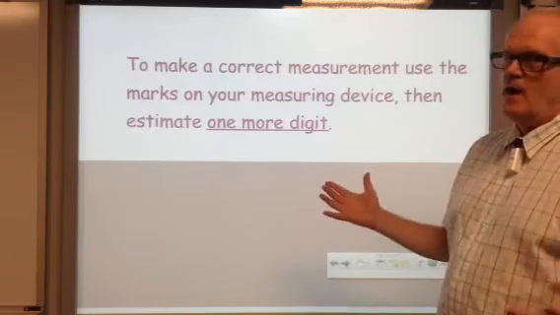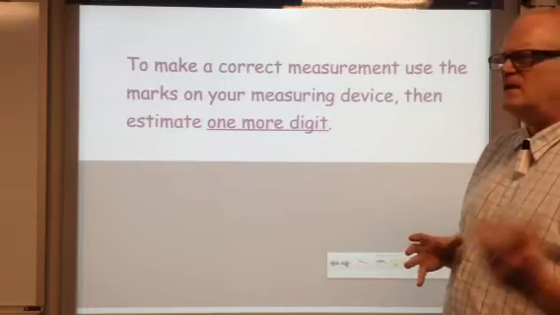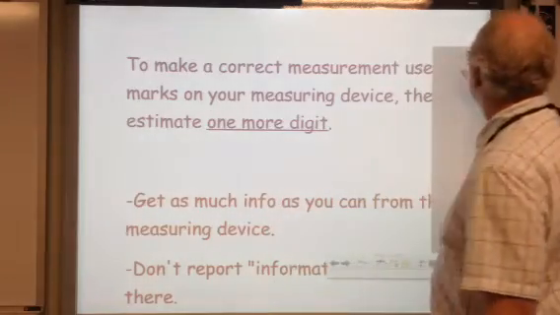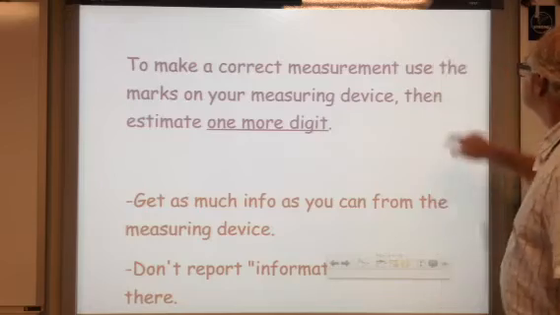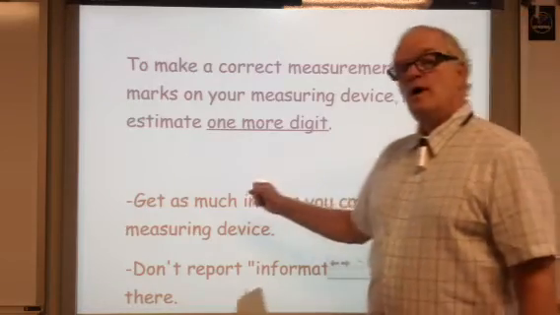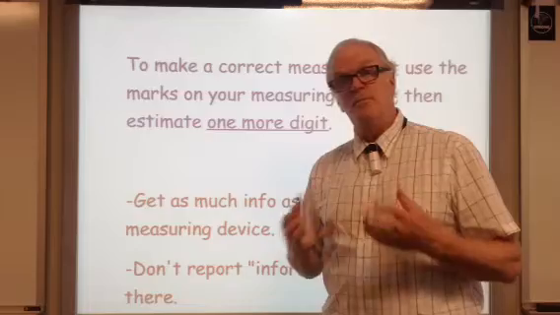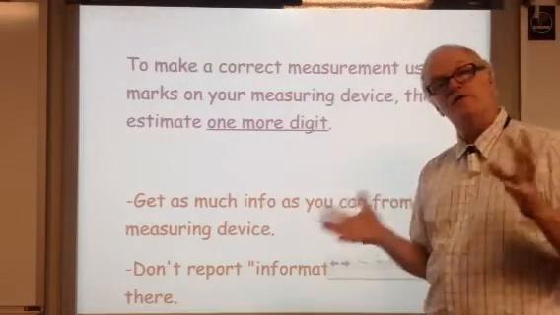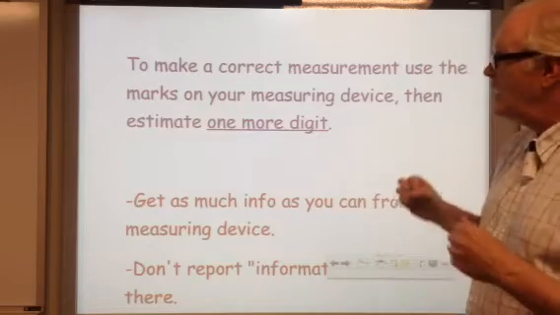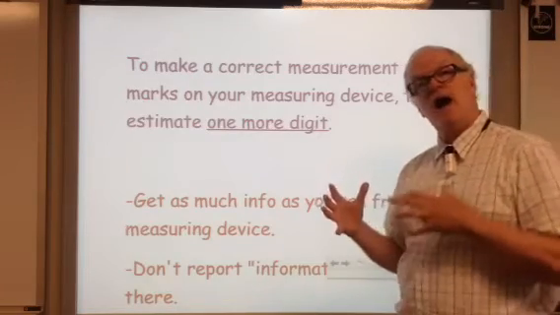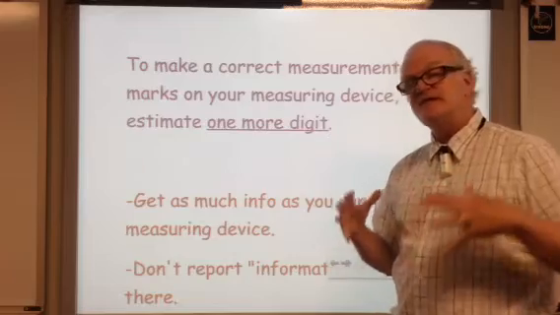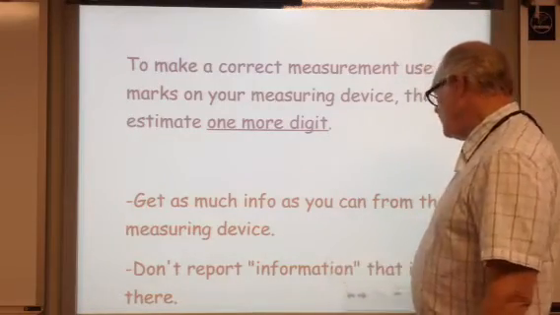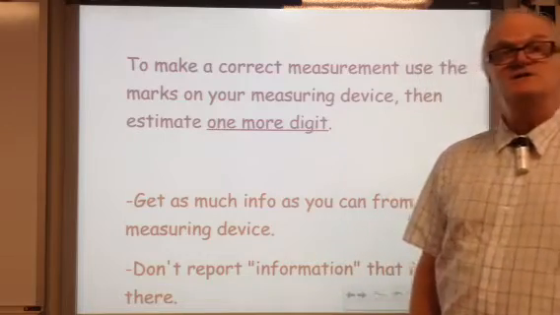Okay? Using the marks, that part's easy, but what's the deal with the estimation? Why do we want to do that? There are a couple of reasons. First of all, we want to get as much information as we possibly can from whatever measuring device we're using, so we don't want to round the number off too much. So we can use the marks and estimate another digit to get the right amount of information. But we don't want to report information that isn't there.